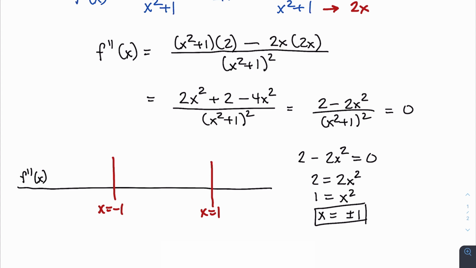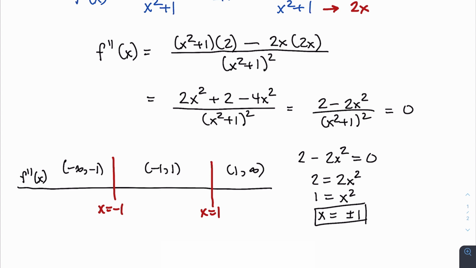We're going to pick some test numbers, plug them into the second derivative and try to tell what exactly is happening. Now remember, the first thing is we divide the number line into 3 intervals. So let's just mark those down. This is -infinity to -1. This is -1 to 1. And this is 1 to infinity.